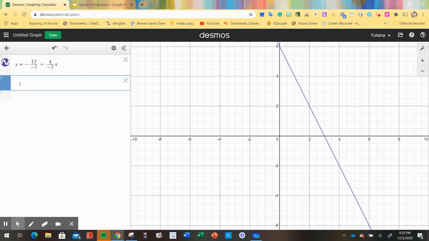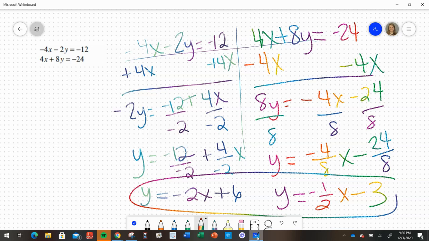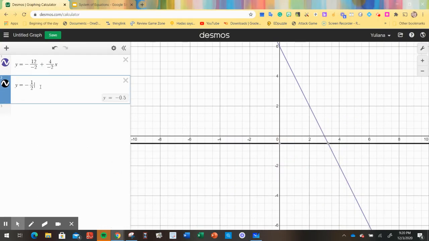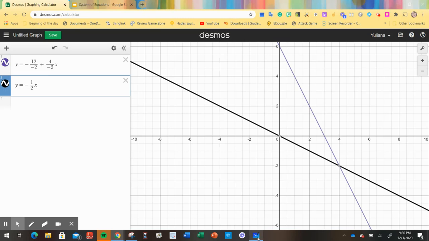So it does not matter which way I look at it. I just want to get in the habit of simplifying. So my second one is y equals negative 1/2 x minus 3.